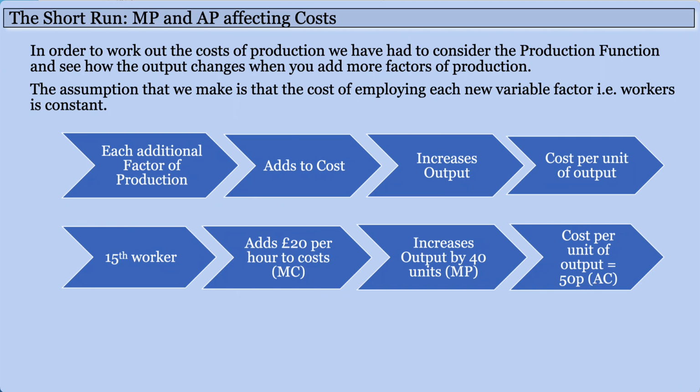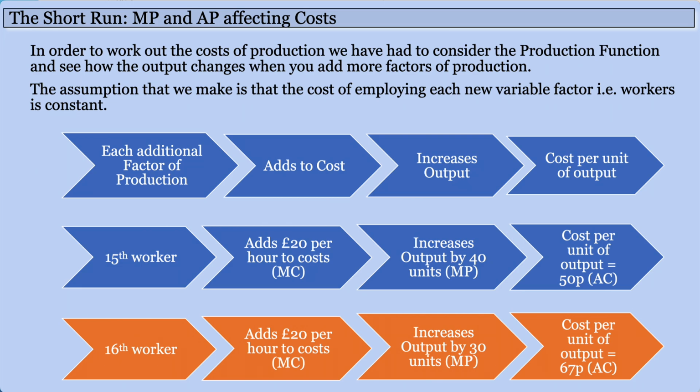it is the £20 of cost divided by the output, okay, by the quantity. So each one of these units here is going to cost the firm 50p, whereas if we have our 16th worker, we're still adding £20 to our cost, but they now are less productive, only 30 units, and so therefore the argument is that 20 divided by the 30, 67p.